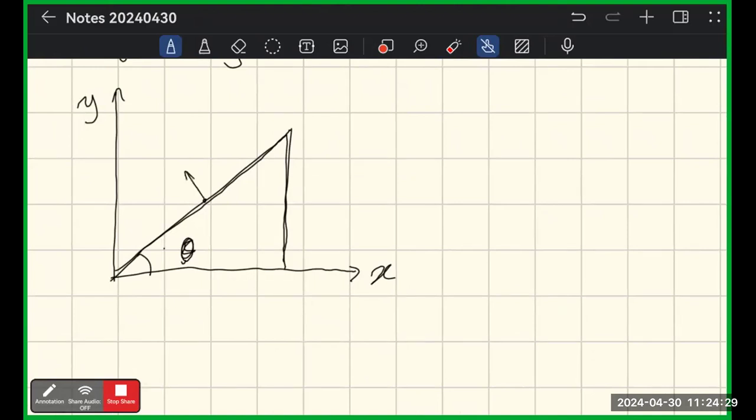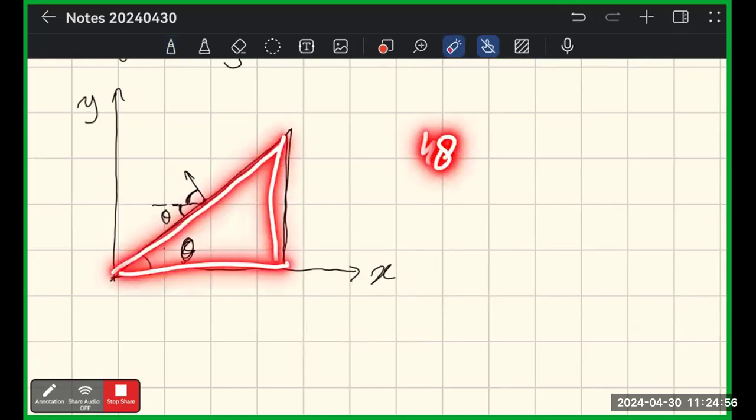But this angle is theta, and this other angle looks like theta also, because it's almost the same. Even if you have an angle close to 45, for example 48, and you draw it like this, it's very hard to track.